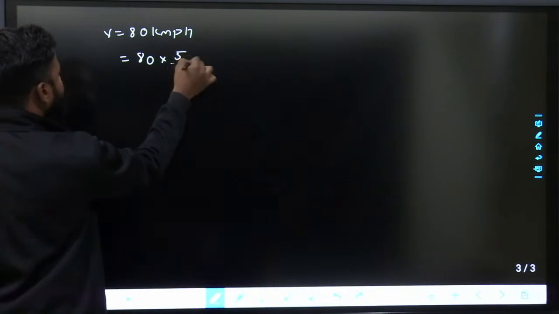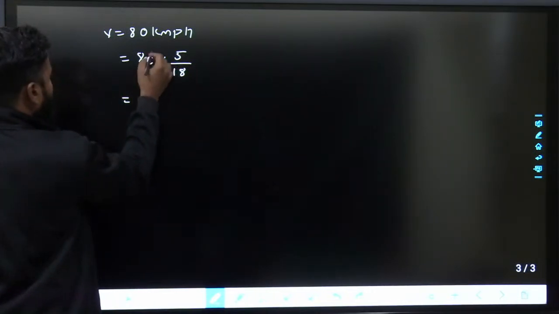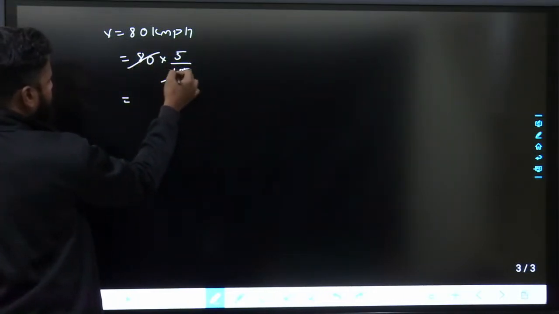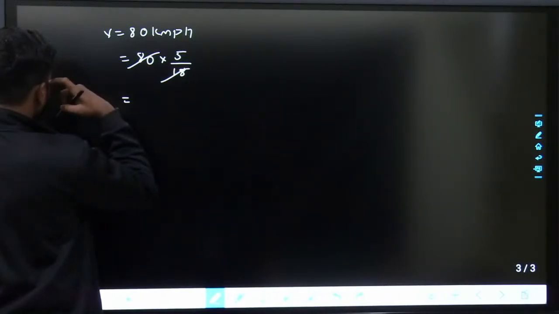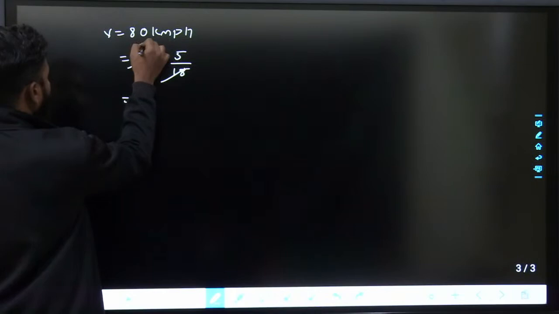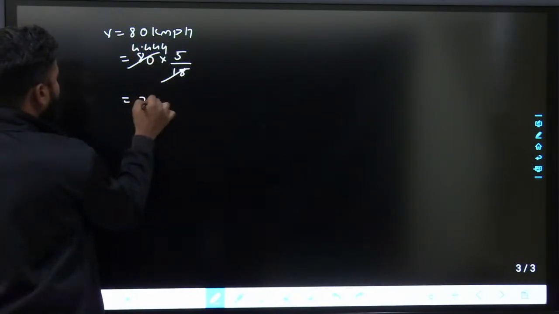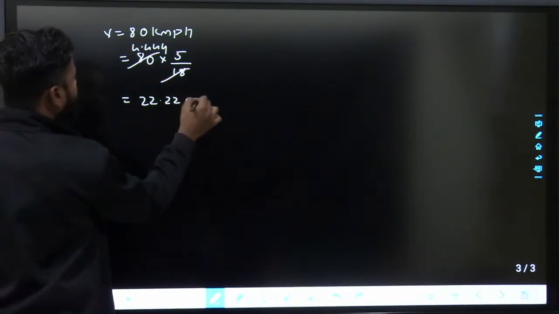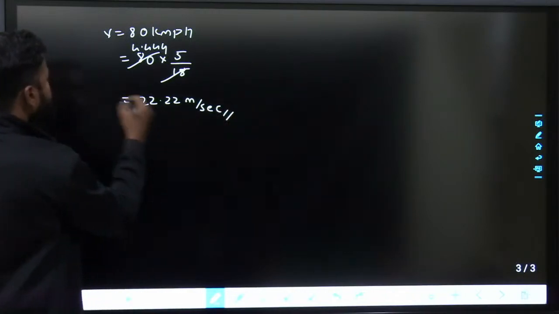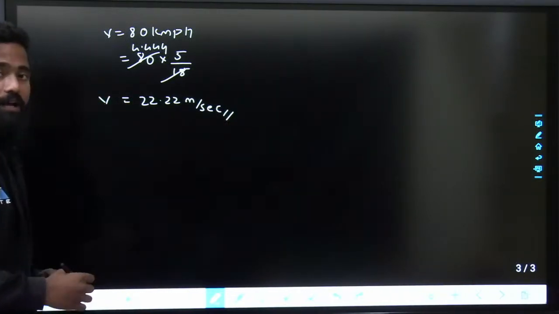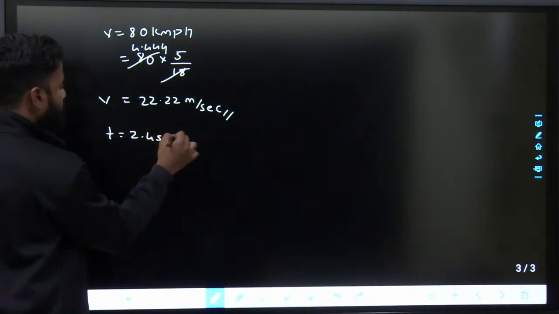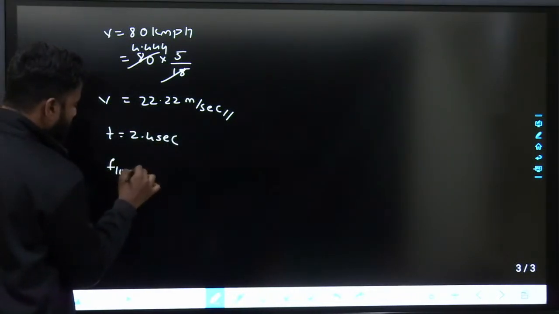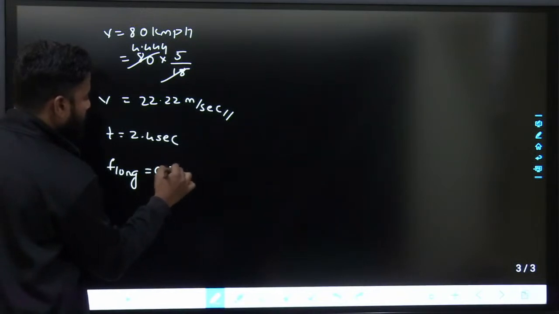Convert this into meters per second: 80 upon 18, that is 22.22 meters per second. This is the velocity. And reaction time t is given as 2.4 seconds and f longitudinal is given as 0.35.